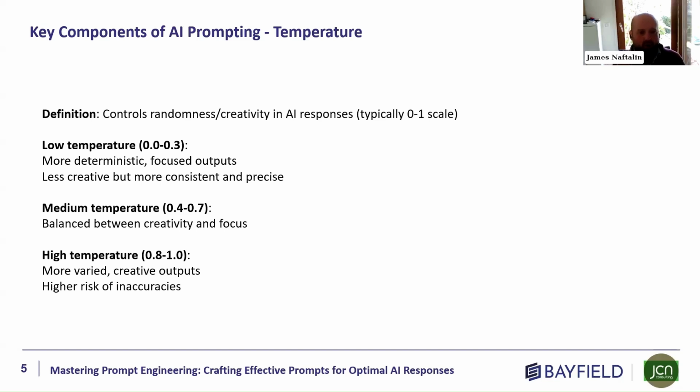For what I use AI and large language models for, I generally have a very low temperature because I want the responses to be repeatable, and I want them to be as accurate as possible at the expense of creativity.